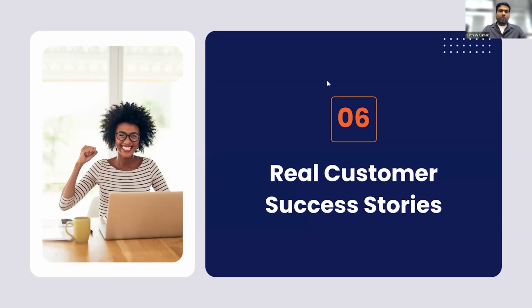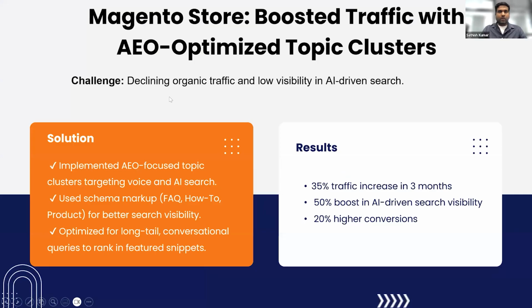Some examples of what we worked on: we worked with a Magento site. We were trying to improve them with boosted traffic by creating AEO cluster optimized content, building schema markups and FAQ sections.